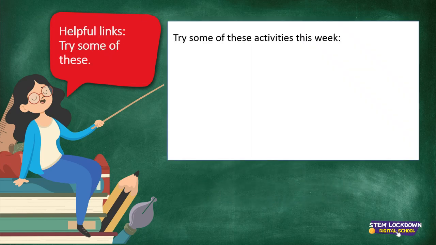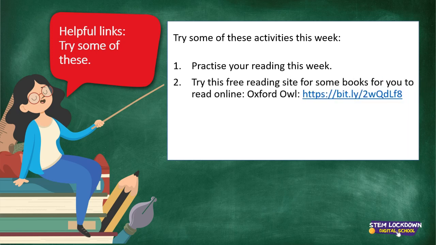Right. This week, if you have time, try some of these activities. So always practice your reading. Reading is the one thing that is the key to the future, you could say. Try this free reading site for some books for you to read online on your level, the Oxford Owl. If you go to your browser and you type in Oxford Owl free books, you'll see the reading scheme that's free.